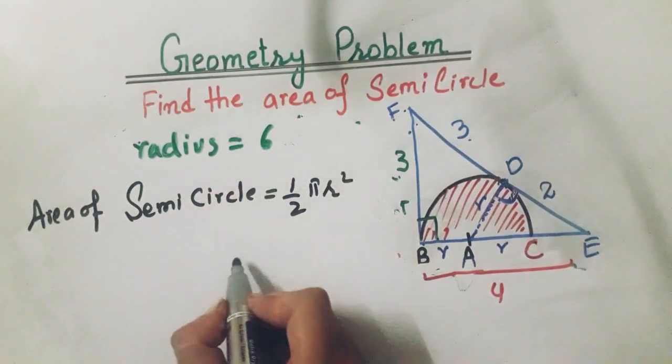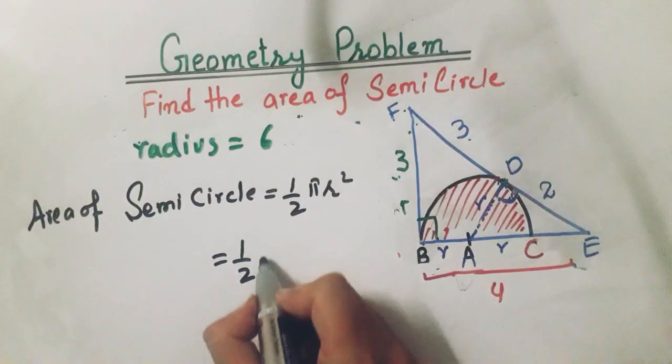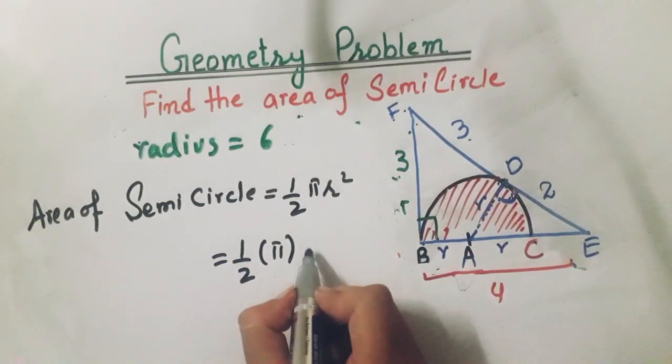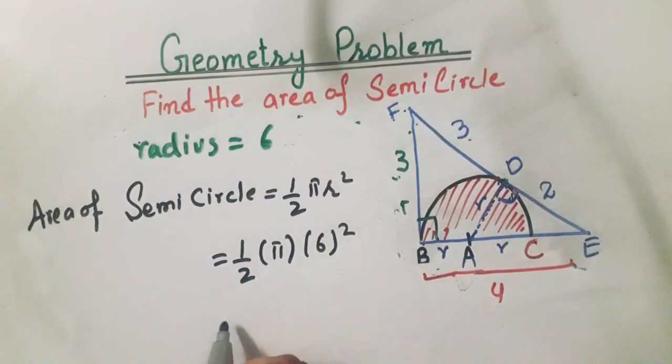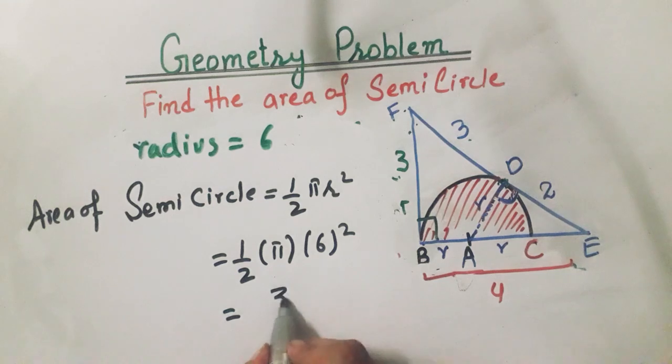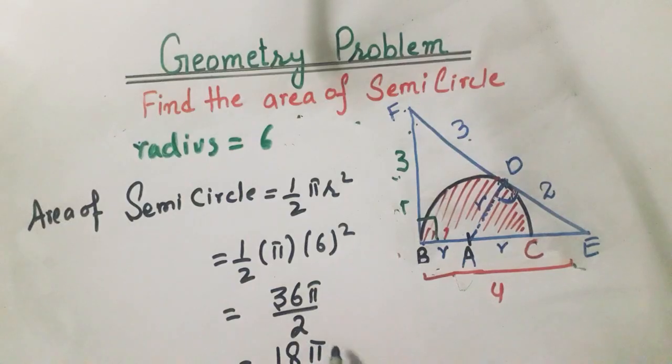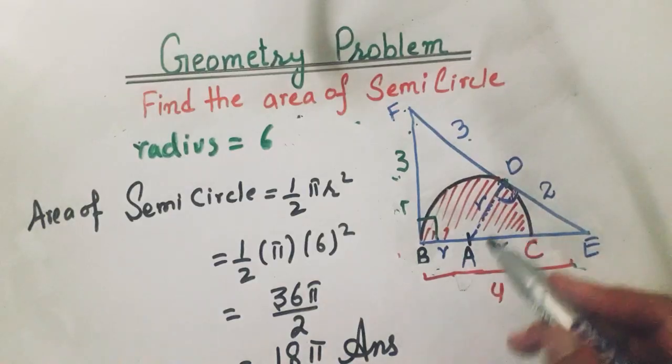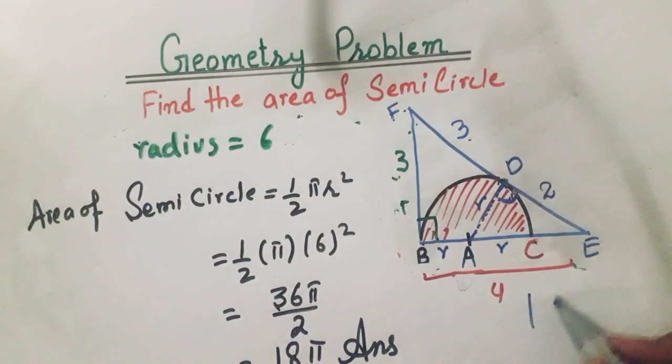Now the value of R is 6. So 1 by 2 pi and 6 square, that is 36. So 36 pi by 2, it means 18 pi. So this is the answer. Now the area of this semicircle is 18 pi.